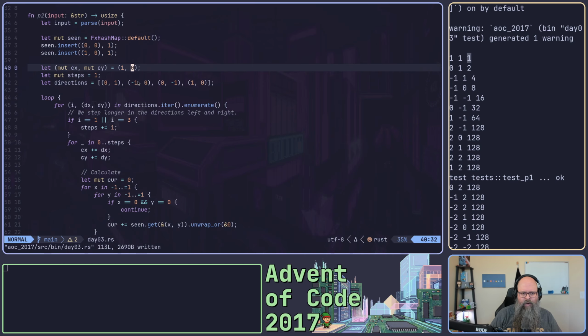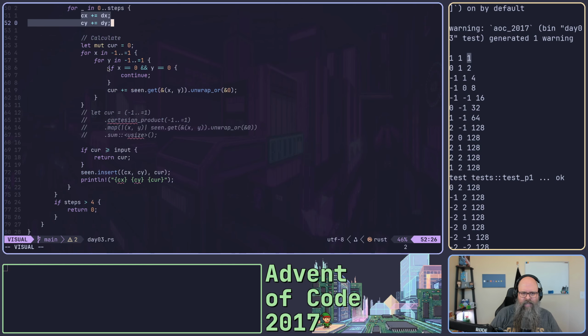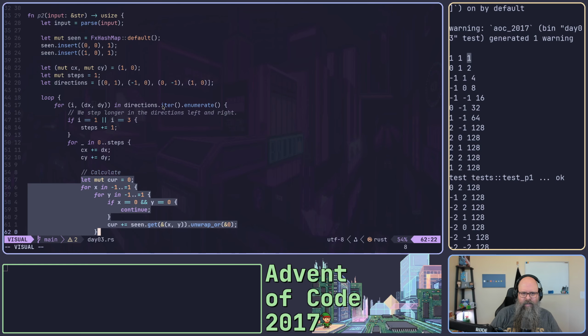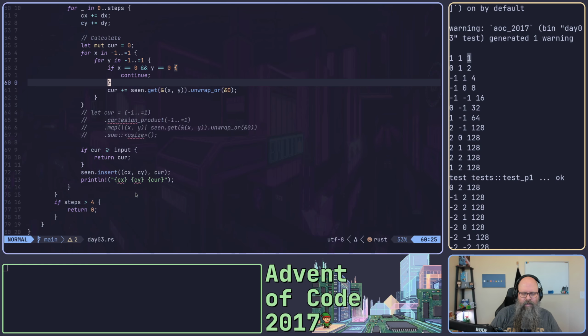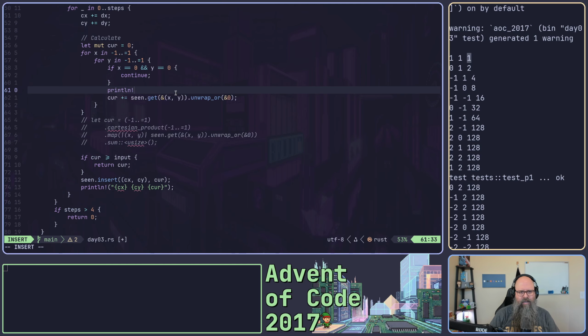Yeah, I'm going to step 1. And I'm going to go up 1. So I get 1, 1. So I know this is 1, 1, which is correct. But why do I only get 1 from the map? Okay, let's try this. Print line.